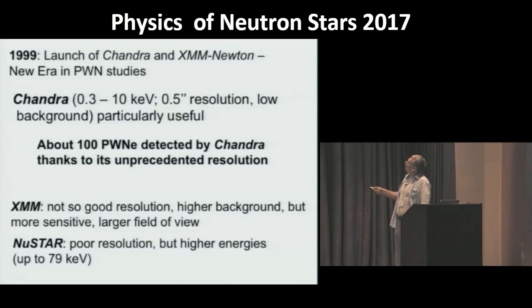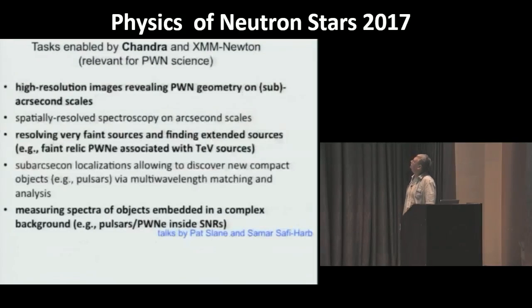Right, so I will primarily focus on what we have learned with Chandra in this talk for the reasons I explained. In particular, the things that were actually enabled by Chandra and XMM that are relevant for pulsar wind nebula science are the high-resolution images, which reveal the fine structure of pulsar wind nebulae.